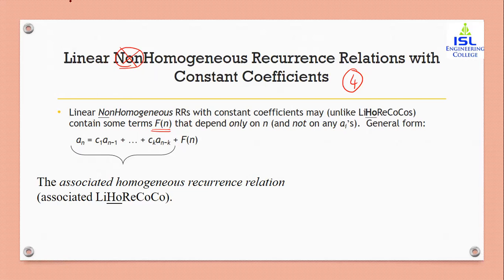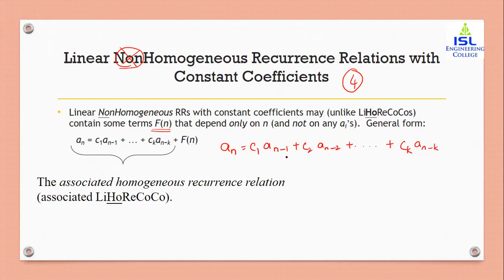Now, whenever we are talking about a linear non-homogeneous recurrence relation with constant coefficients, it contains some term such as f(n) that depends only on n. In that case, the general form of our equation will be a_n = c1 a_{n-1} + c2 a_{n-2} + and so on up to ck a_{n-k} + f(n).